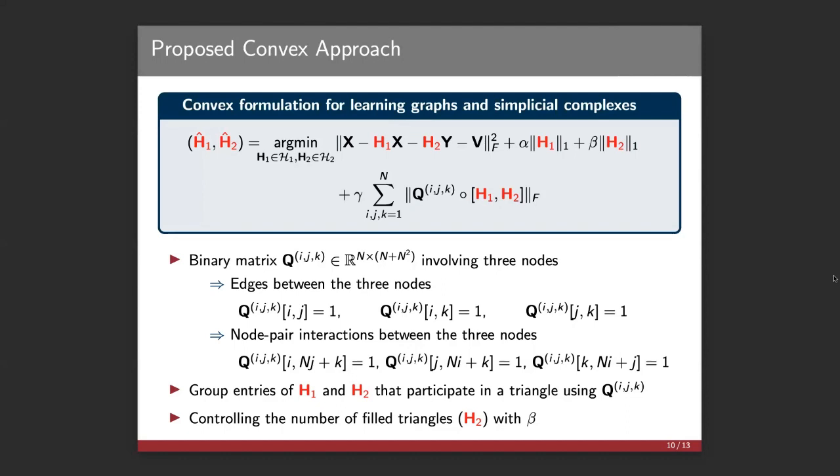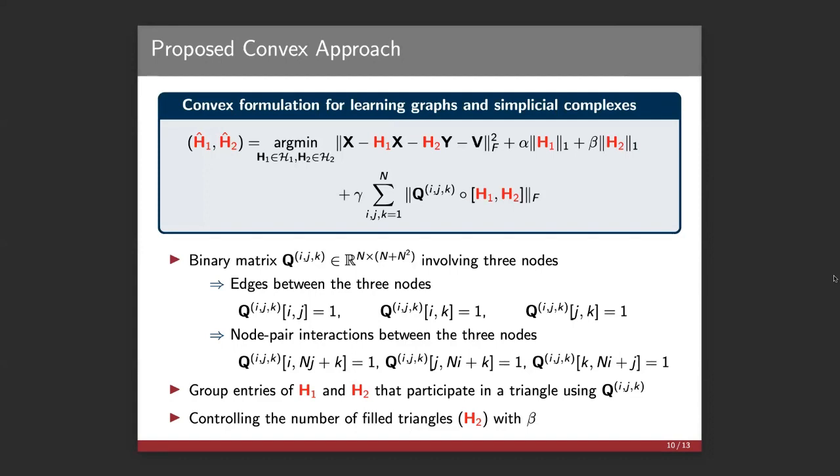This matrix Q groups the edges between the three nodes that we consider and also the node pair interaction between the three nodes. We group these entries in the Q matrix, and then we impose group sparsity, controlling the number of filled triangles we have in our graph learning.